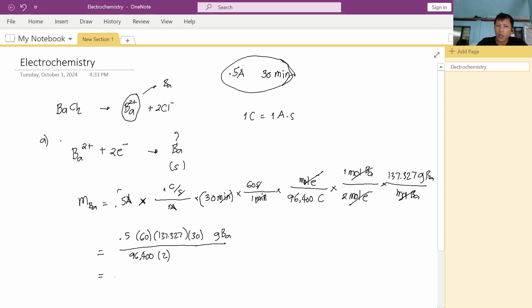So may I correct this one? 96,485 times 2. So there you go. I can just plug this: 0.5 times 60 times 137.327 times 30, all over 96,485 times 2. So all in all, we have 0.64 grams.